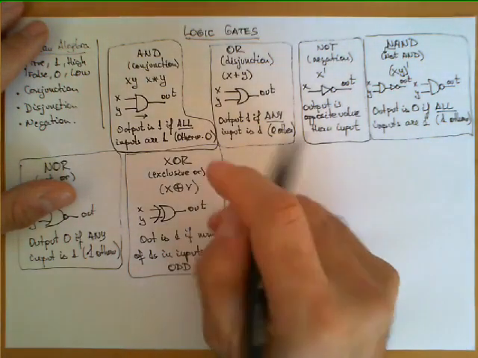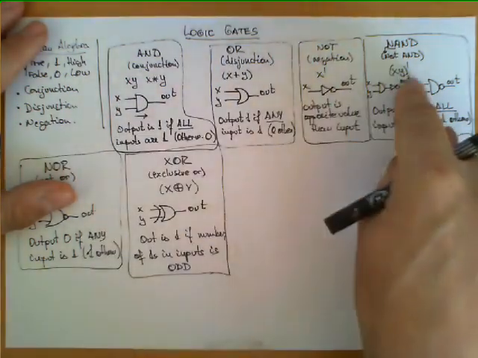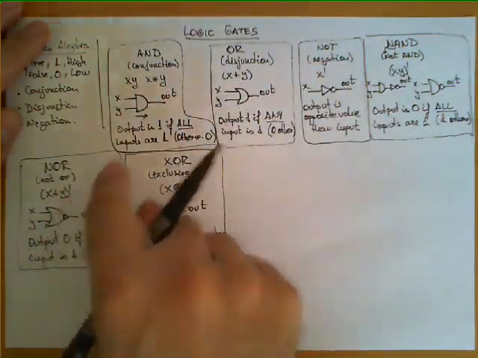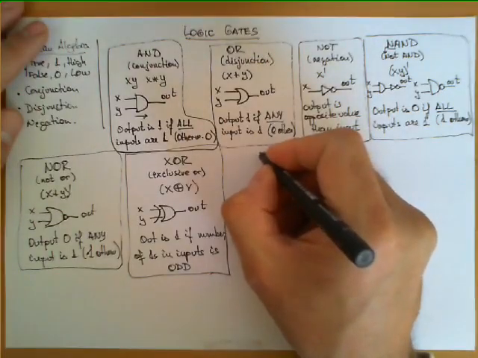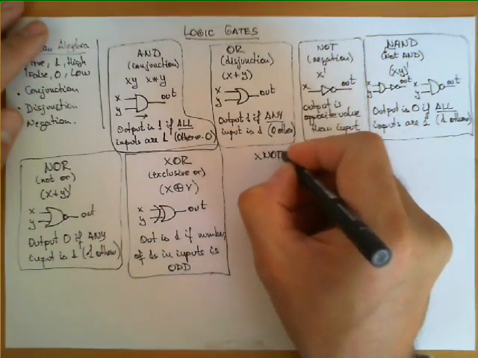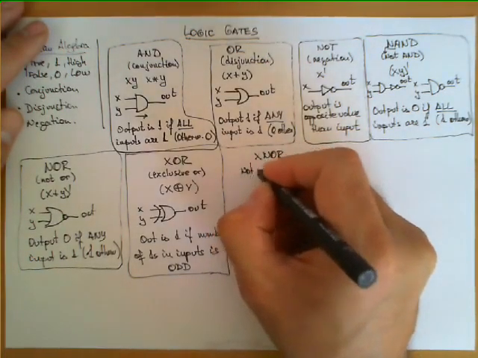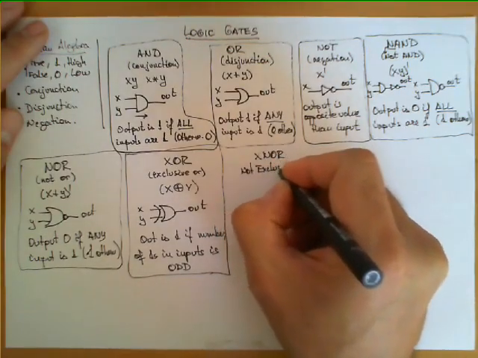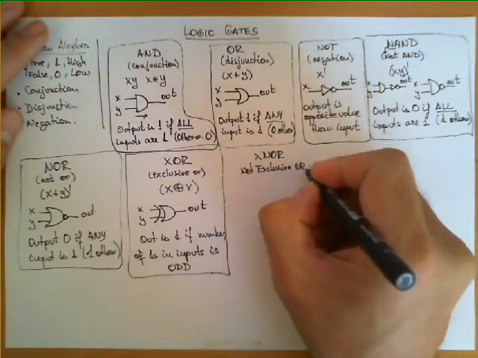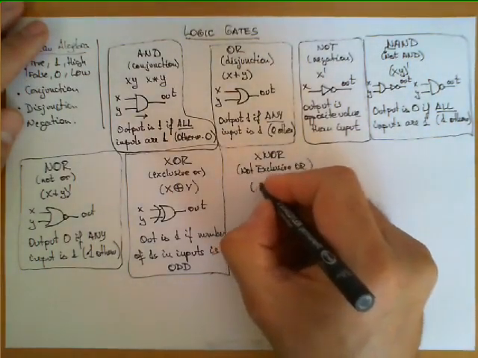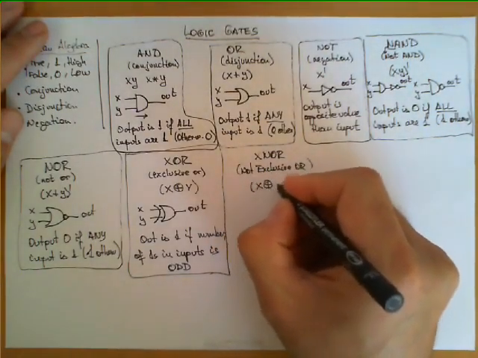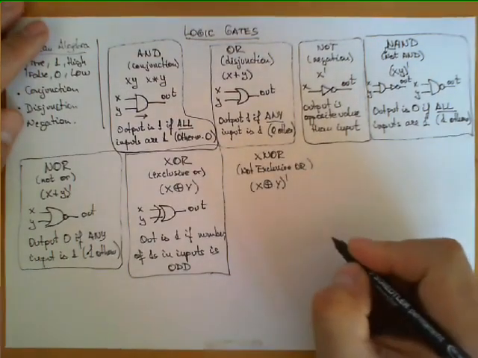And the same trick we applied to derive the NAND gate from the AND gate and the NOR gate from the OR gate, we can apply to derive the XNOR gate, or the not exclusive OR. The expression is very simple, it is the same one as before, but with a negation.